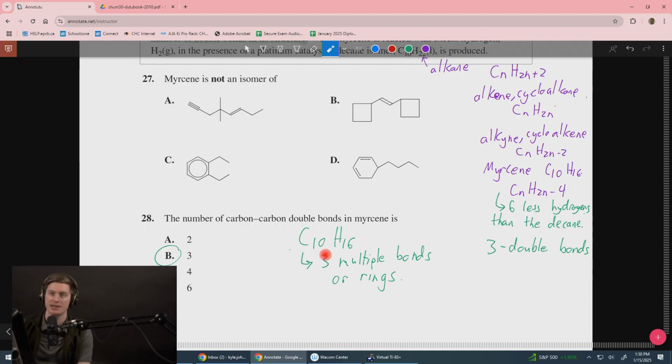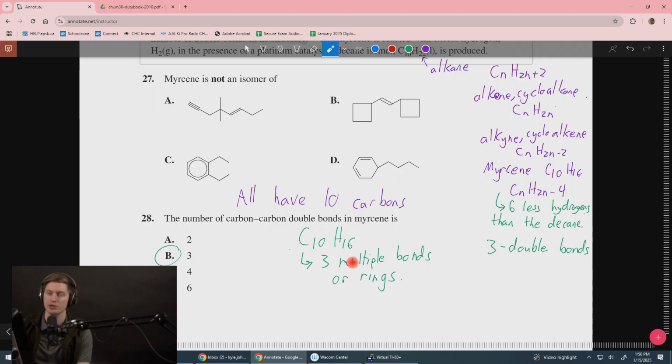We also need 10 carbons. But if you look through any of these structures, and I'm not going to count them all right now, all of these structures have 10 carbons. So what's going to set them apart is whether or not they have the same number of hydrogens. And instead of drawing little hydrogens on here, I'm going to see if they fit this rule.